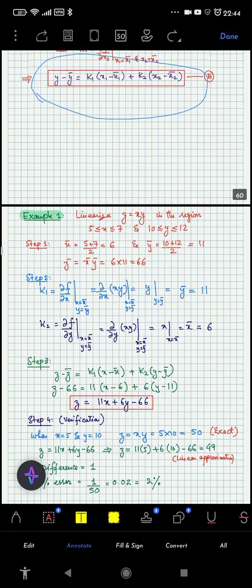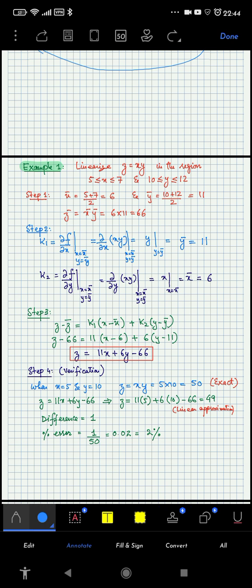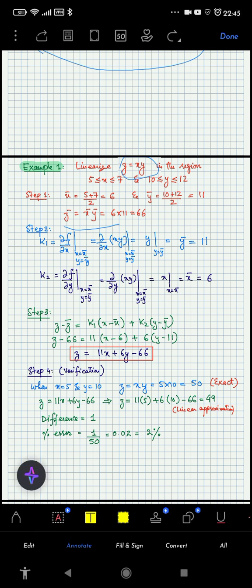This is just our original equation. To get z bar, we employ the mean values x bar and y bar, so we put 6 multiplied by 11, which is 66.